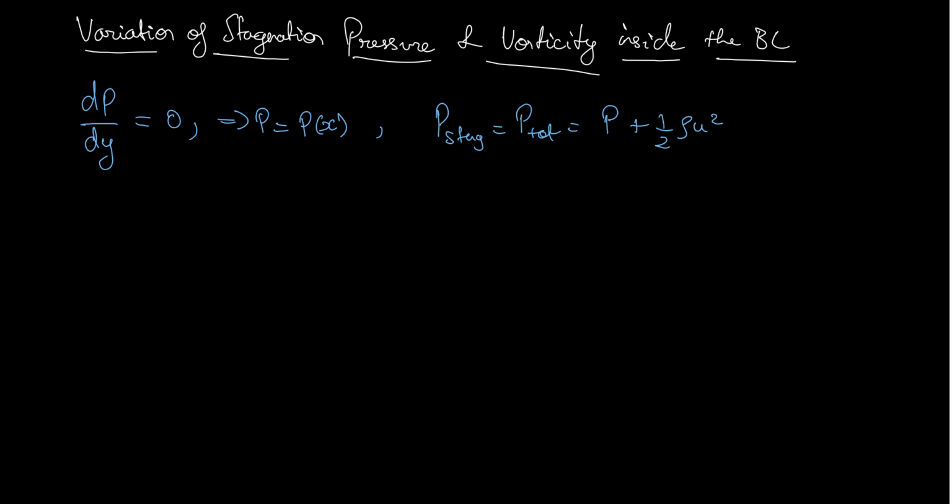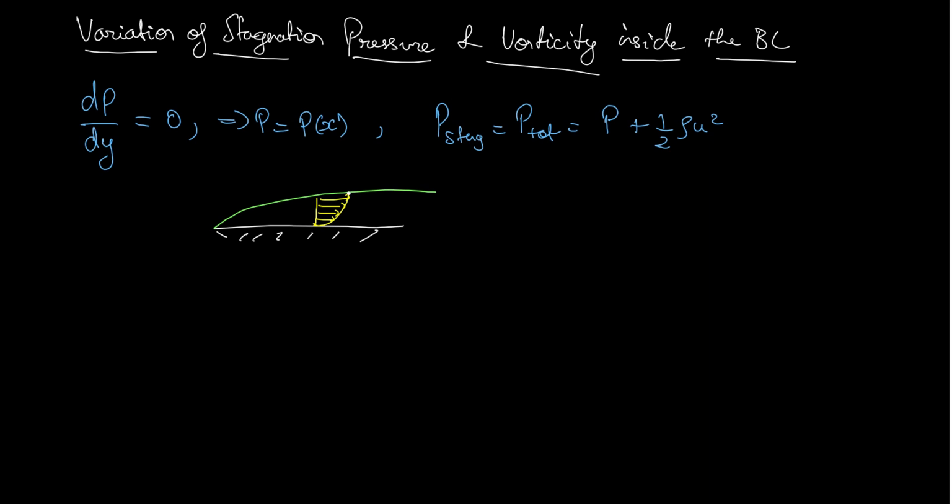And if I just consider the same flat plate case again here, and if I draw the boundary layer which looks like this, and if I draw the velocity profile here, it looks like this. So I can see that in each layer of the flow inside the boundary layer, the u is different, and the u is 0 at the surface of the flat plate, and it is almost equal to the free stream velocity, 99% of it, at the edge of the boundary layer.